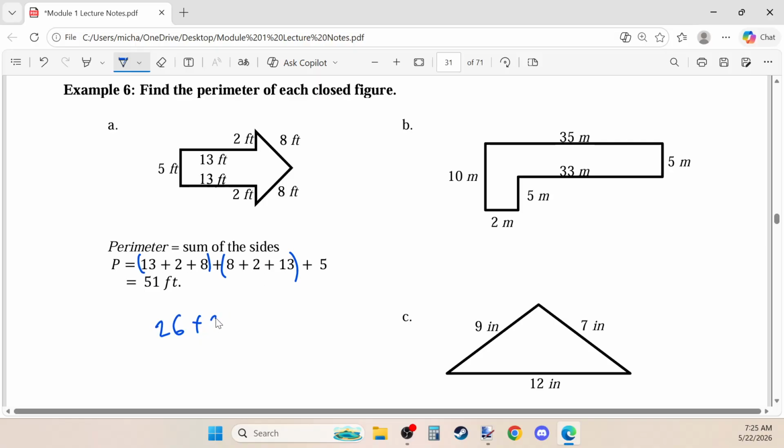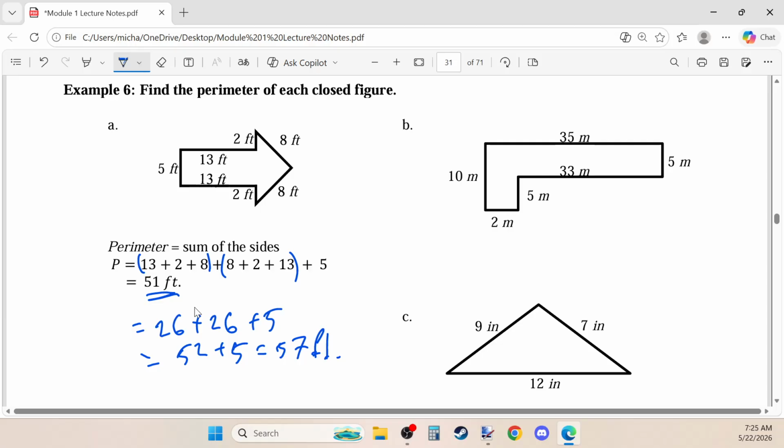This will also be 26 because it's the same numbers. And then we have to add a 5. 26 plus 26 is 52. 52 plus 5 is 57 feet. It says the answer is 51, but it is wrong.